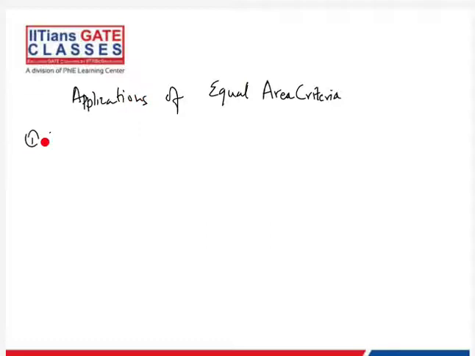So let's look at what are the applications of equilibrium criteria. So the first one is we can do sudden, it's basically a permutation and combination of the power components, right?